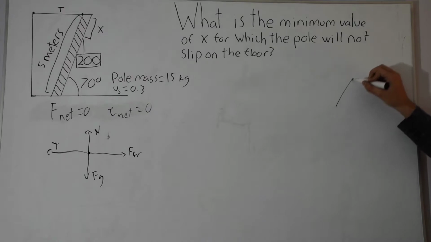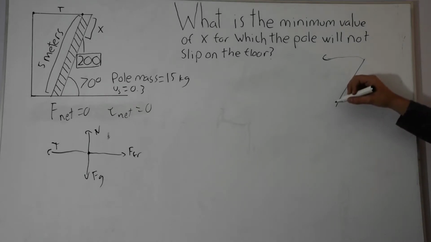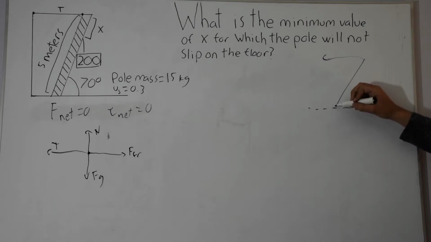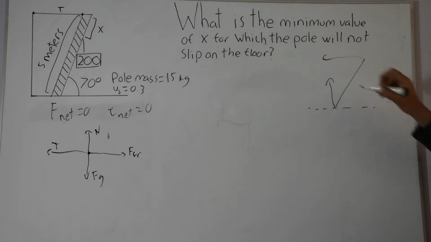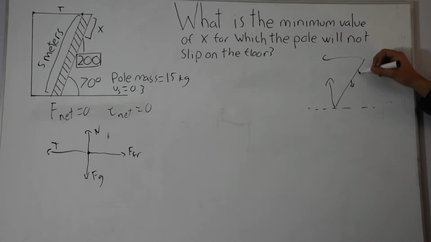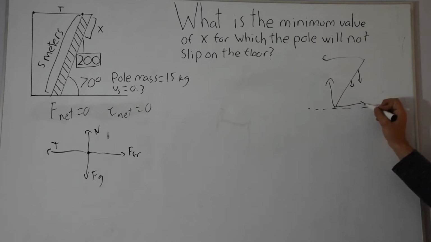So if I have my pole here, I know that the tension force is going from the top of the pole, and I'll just draw the ground. The normal force is going upwards from the ground. There's a force of gravity from the middle of the pole and from wherever the mass will be. And there's also a friction force that we know must be to the right.